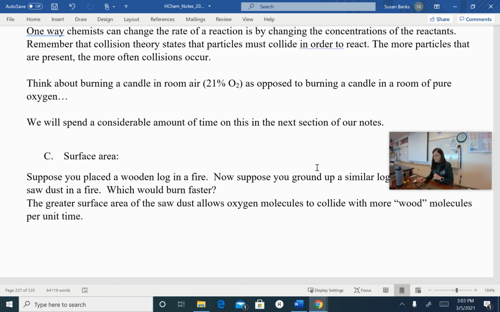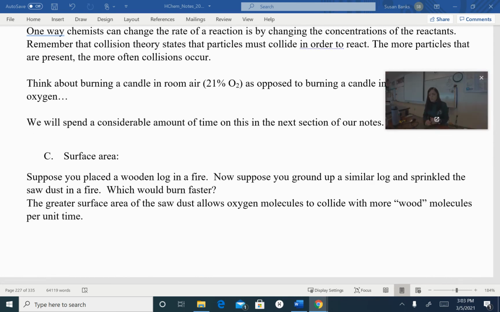Okay, surface area. You've all probably seen that things that are crushed up with small little surface area make it a lot easier to react, because the reaction can hit all over, unless it's all bundled together in one big clump. Think about a wooden fire, okay?